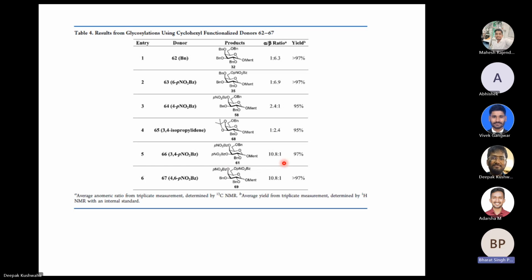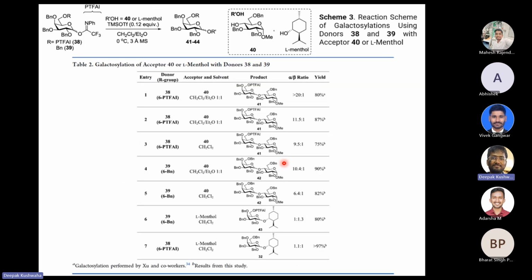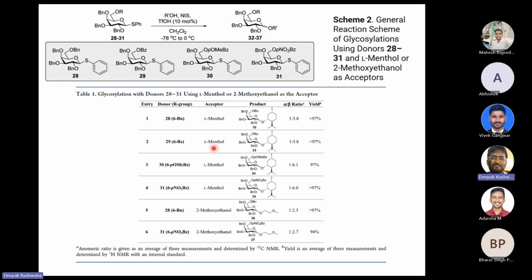They've also discussed the solvent roles, right? Yes, that is again to show, indirectly, that this comes back towards the Boons work. In Boons' case, as we already know, the sugar acceptor and solvent have a role in selectivity. They used dioxane and toluene. In this paper, they haven't used the same solvents.